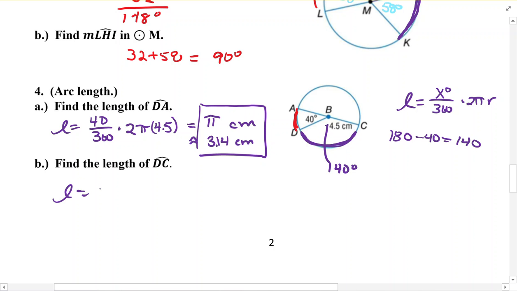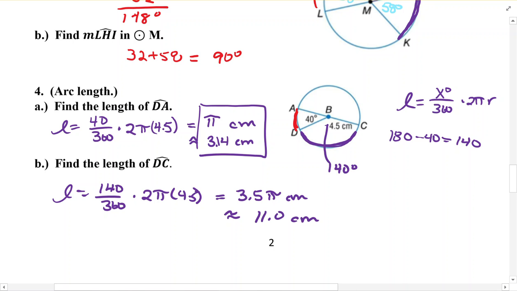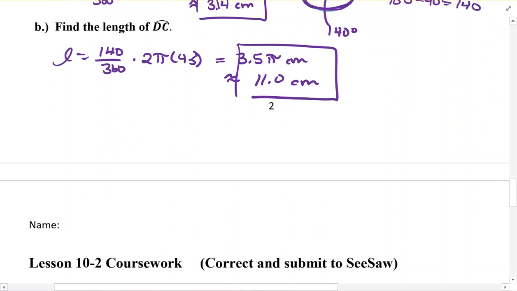So the length is 140 over 360 times 2 pi times 4.5, which gives me 3.5 pi centimeters, which is approximately 11 centimeters. And that concludes our lesson for 10.2.